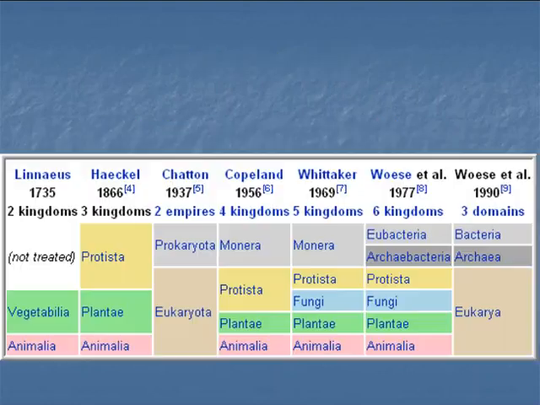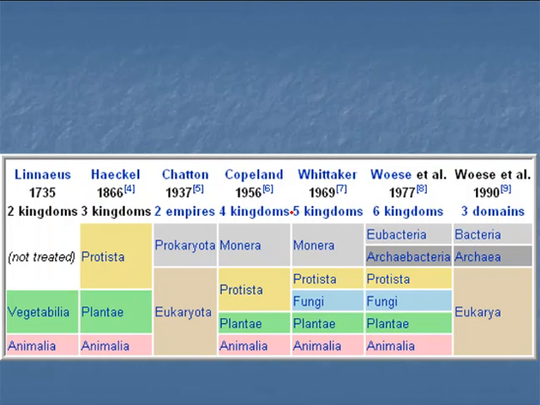All right, next we want to talk a little bit about classification of organisms. And this is kind of a busy little diagram here, but the main thing that I want to show you is that over time, as we've learned more and more about microorganisms, these different classifications have changed.